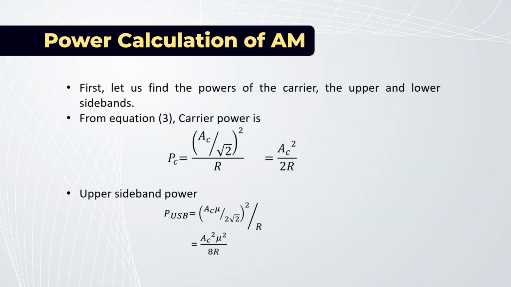Now, first let us find the carrier power. From equation 3, the carrier power will be (Ac/√2) squared by R, where Ac represents the maximum amplitude of the carrier signal. So, it will be Ac² by 2R.